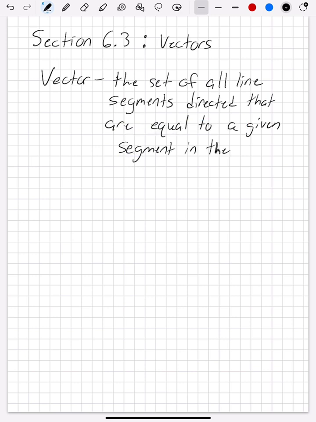And I know that definition's a little bit quirky, so let me just show you what a vector is.